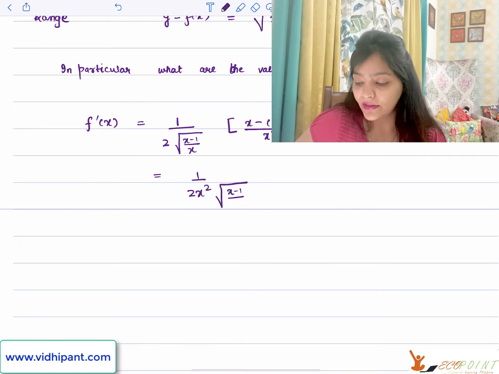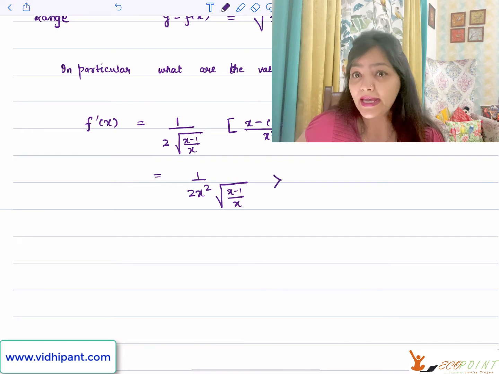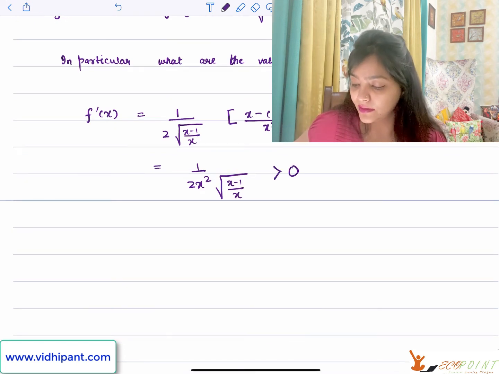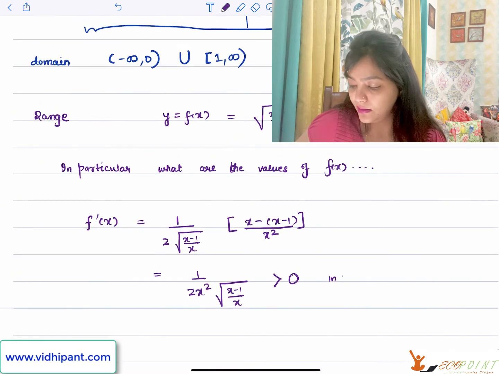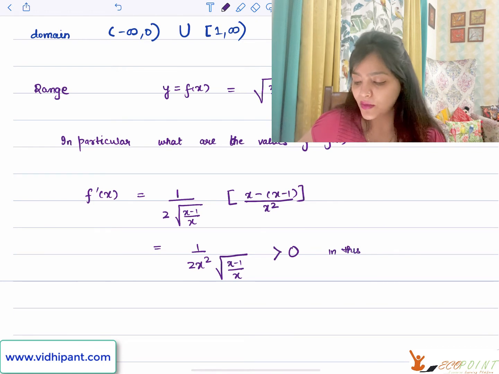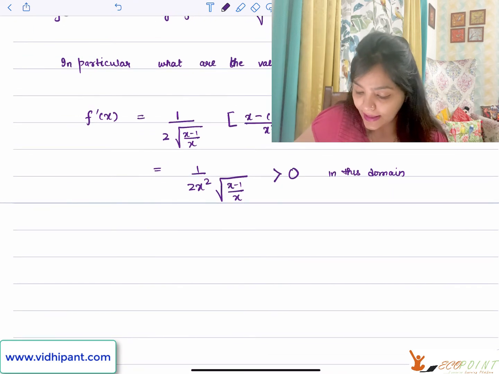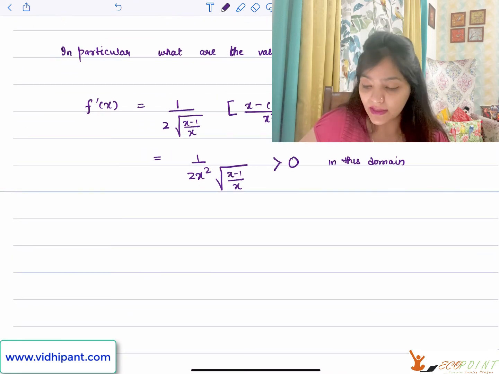Clearly it is greater than 0 in this particular domain, because x square is positive and the square root is positive, so it will be greater than 0. Which means that if the derivative is greater than 0, that tells you something about the function.